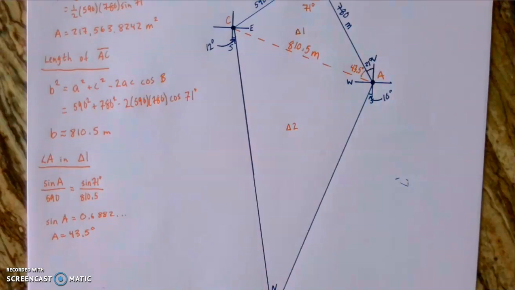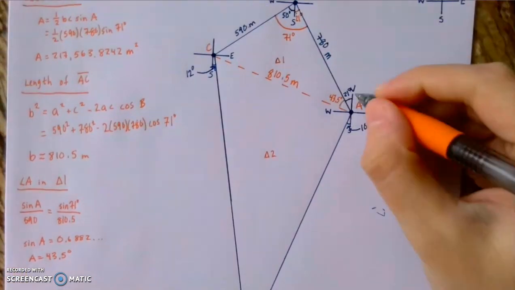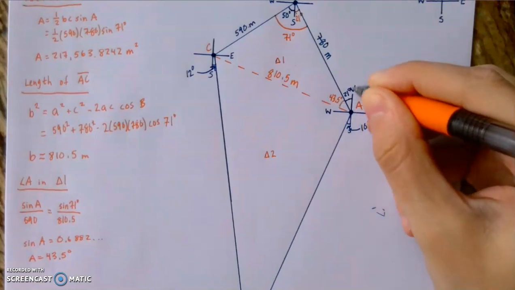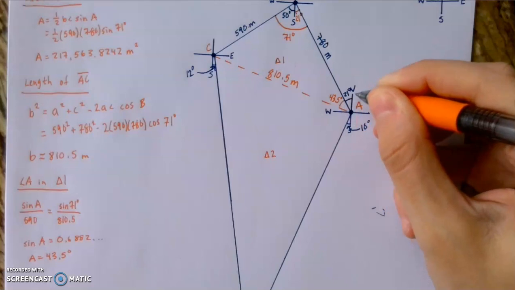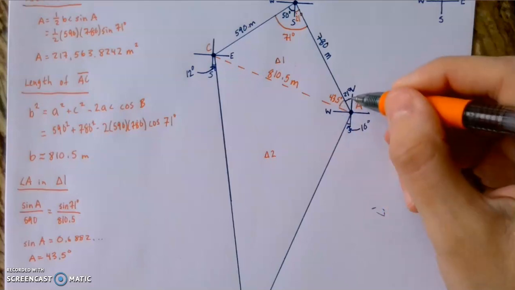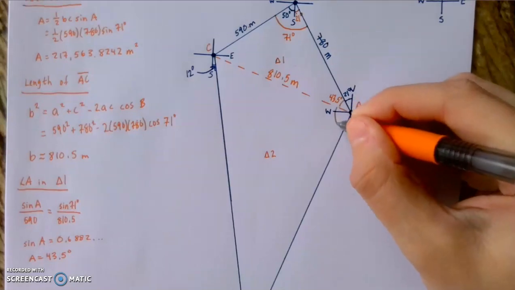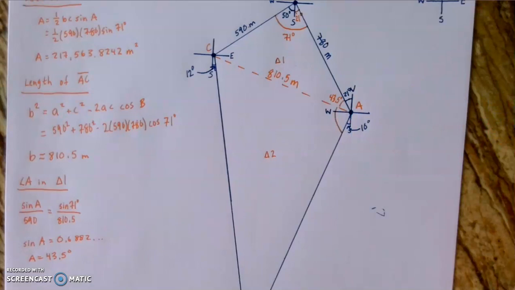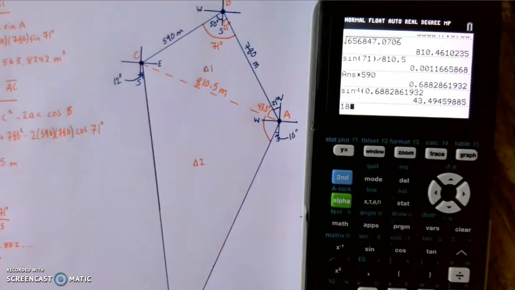43.5 degrees. All right, now we're going to use a lot of geometry here. We have to remember that this right here is a straight angle, so all the way around, this is 180 degrees. So I have this piece of an angle, this piece of an angle, and this piece of an angle. I only don't have this, which is the complete angle in quadrant 2. So to find that I'm going to do 180 minus all of the other pieces.